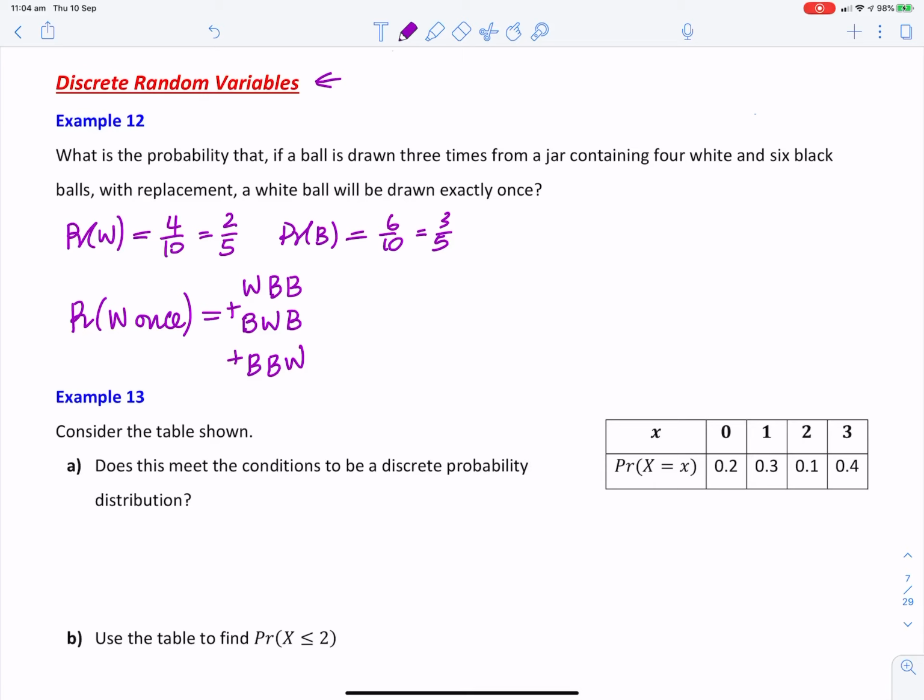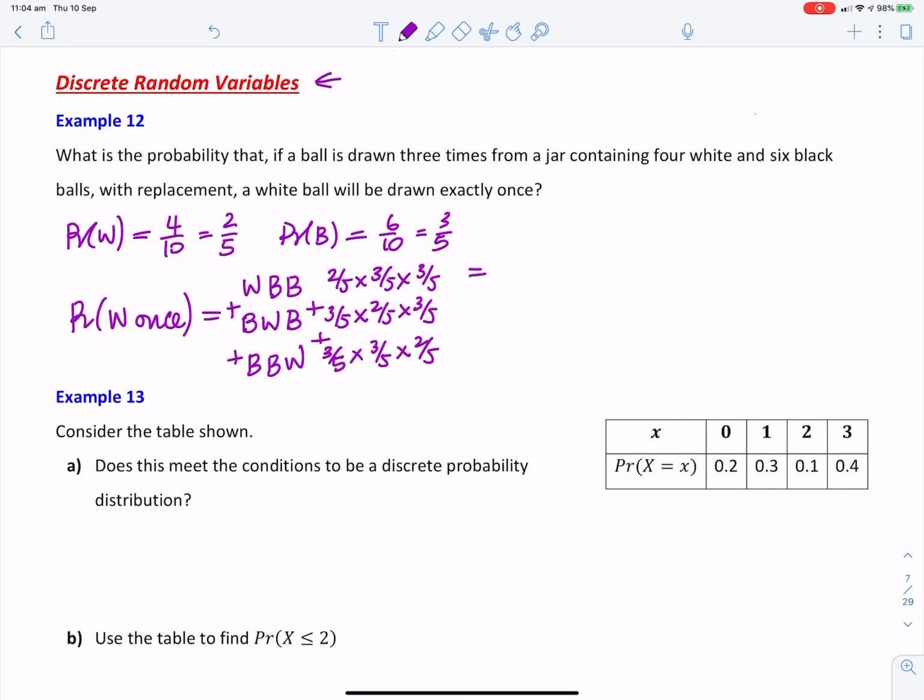In the first case, white is 2/5, black is 3/5, and then 3/5. Then a black is 3/5, a white is 2/5, a black is 3/5. And then a black, a black, and then a white. Now you can see they're all exactly the same.